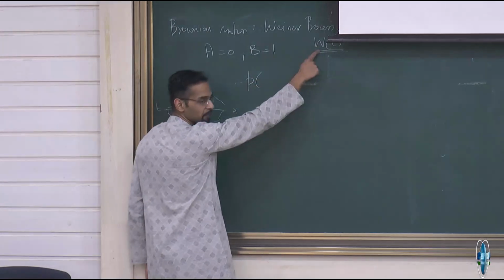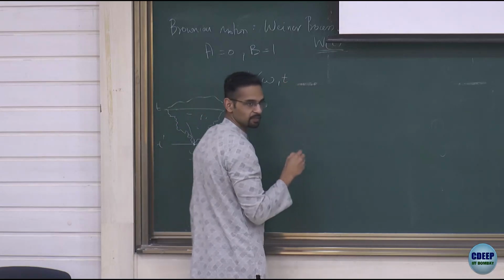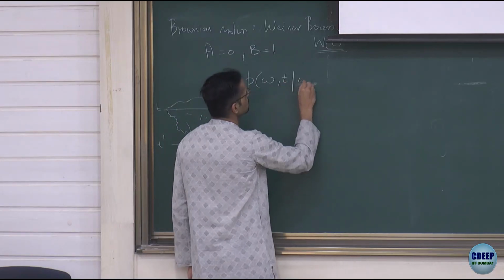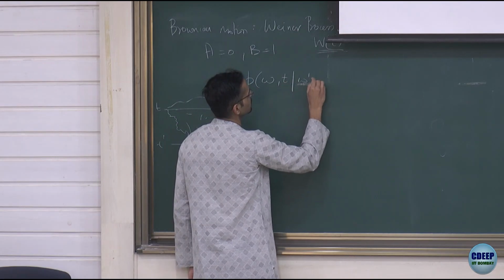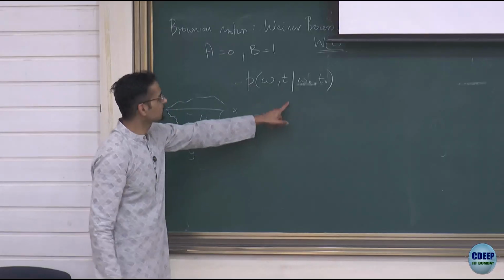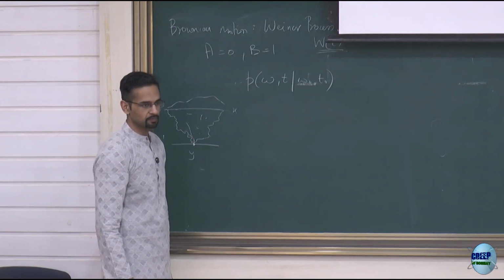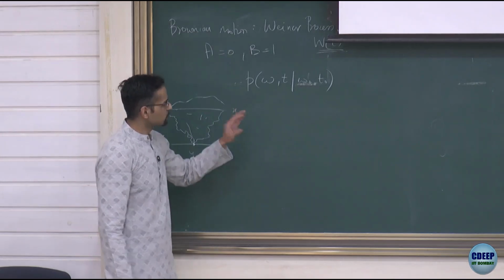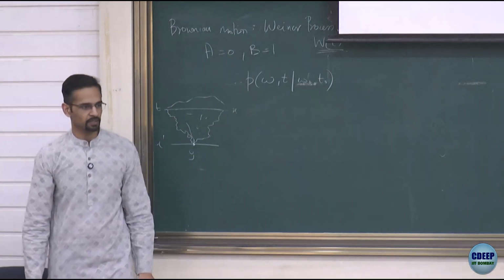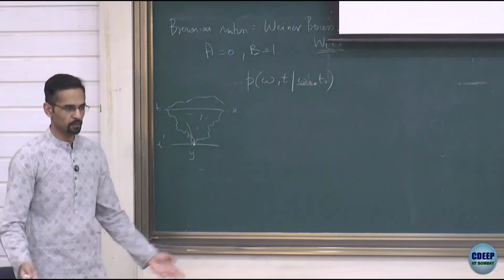So if I use capital W for the trajectories, I should use small w for the space, given that I'm at w naught at t naught. This would be the conditional distribution, which is governed by the Fokker-Planck equation with B equal to 1, A equal to 0. So this we are going to define as the Wiener process, which corresponds to just a simple diffusive motion.